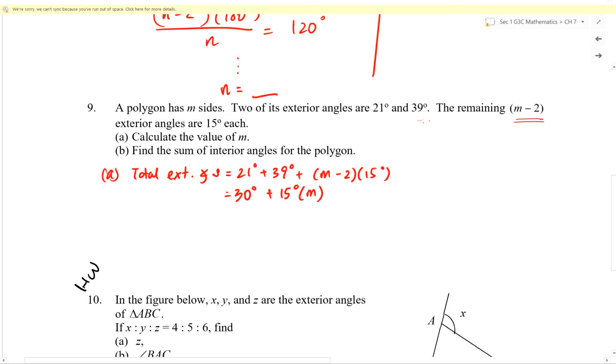Okay, so this is our total exterior angles, and we know that this has to be equal to 360 degrees.